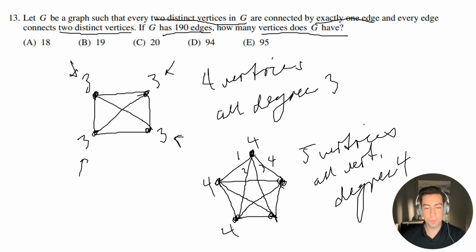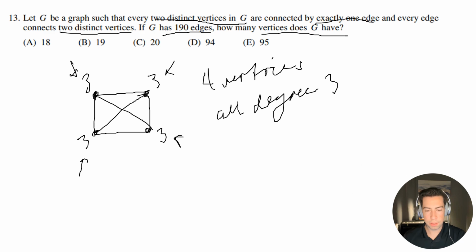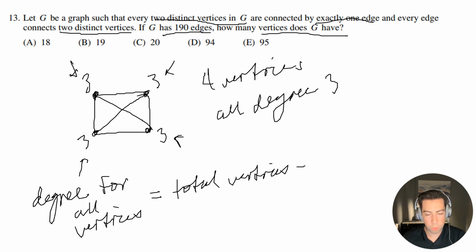Let's see if that is true. I have 1, 2, 3, 4 here, 4 here, 4 here. Yeah, that is true. So from this knowledge, given our conditions, I can say that the degree for all vertices is going to be equal to the total vertices minus 1.